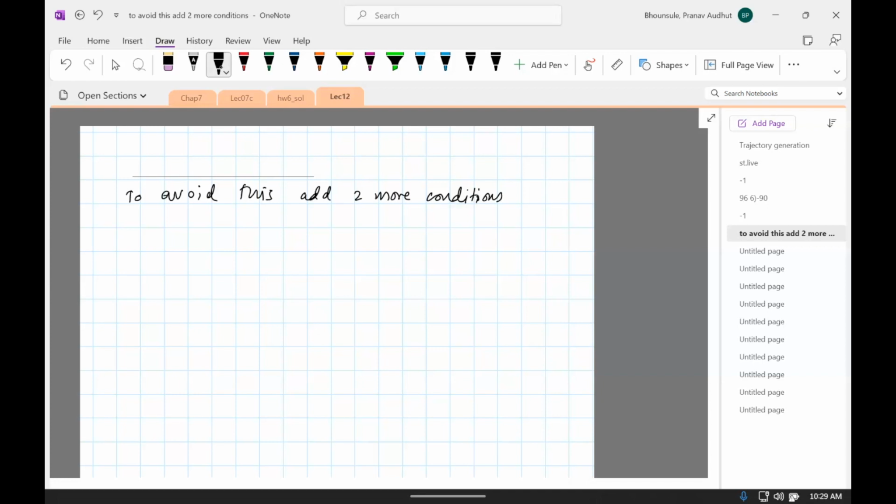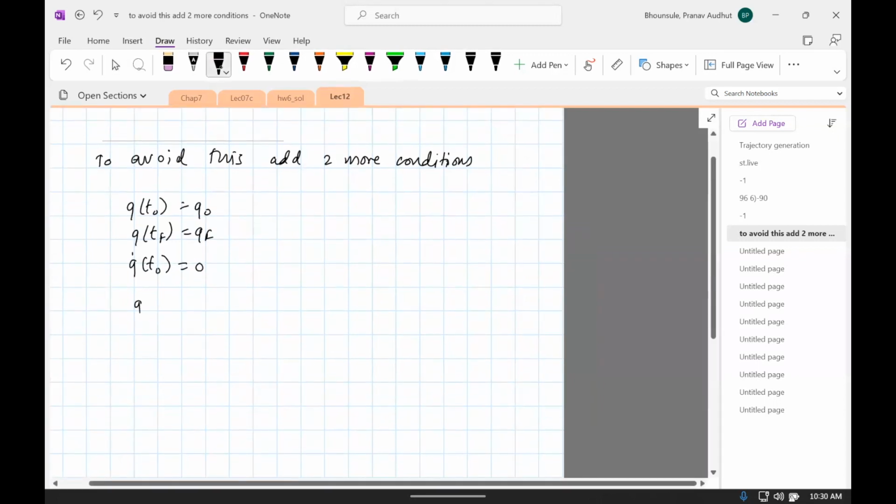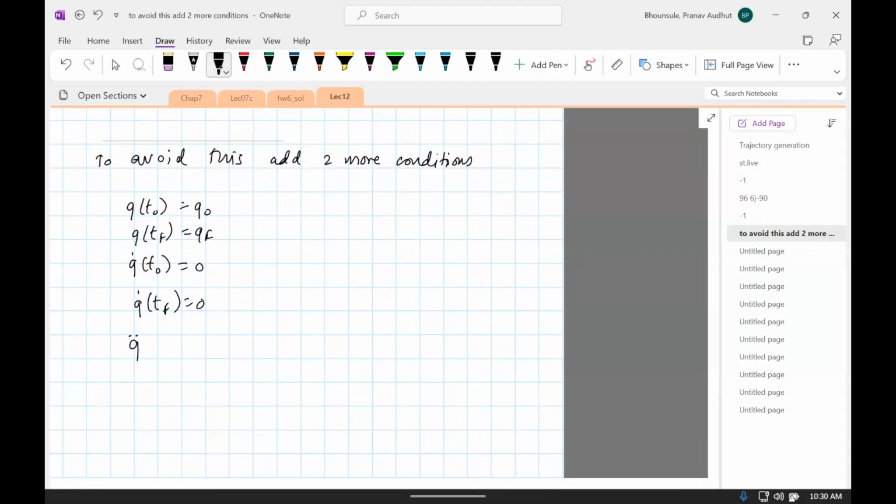Those would be q of t0 is q0, q of tf is qf, q dot of t0 is 0, q dot of tf is 0. We had those four, but we also add q double dot t0 is 0, q double dot tf is 0. And so we have 6 conditions.